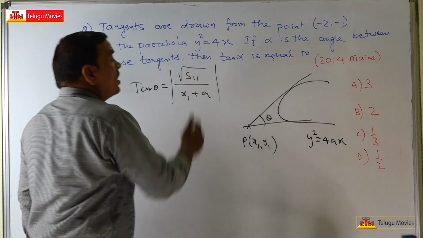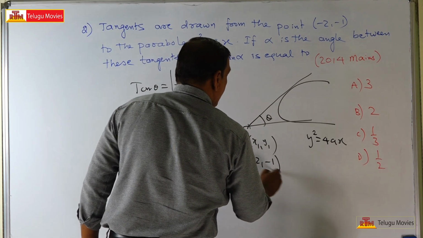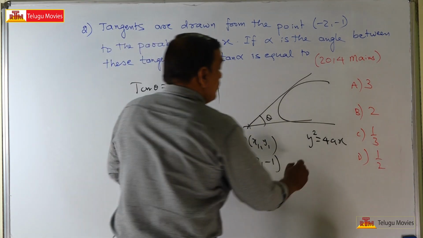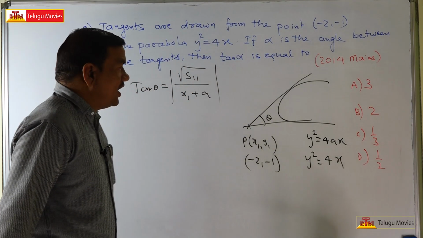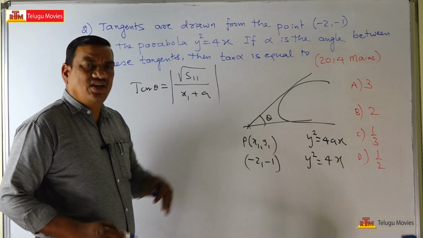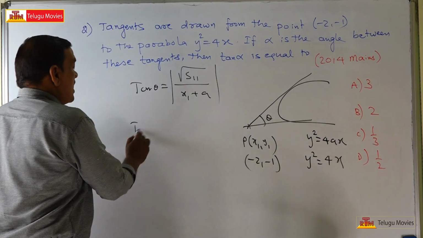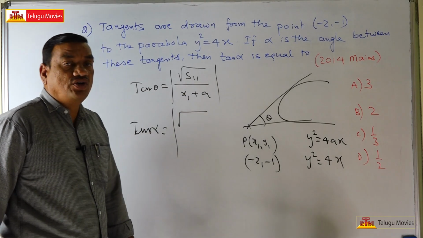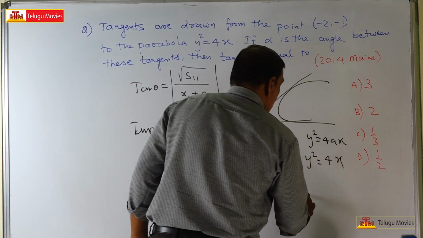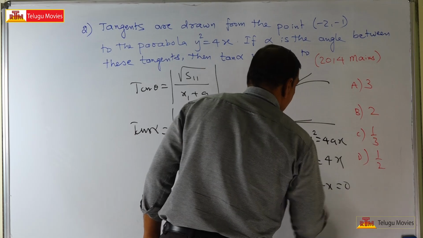So in this, what you got here, minus 2 comma minus 1. Here y square is equal to 4x we got. Now, in place of theta, they have given alpha. So tan alpha is equal to modulus of root of S11, notation you know. What is S11? y square minus 4x is equal to 0.